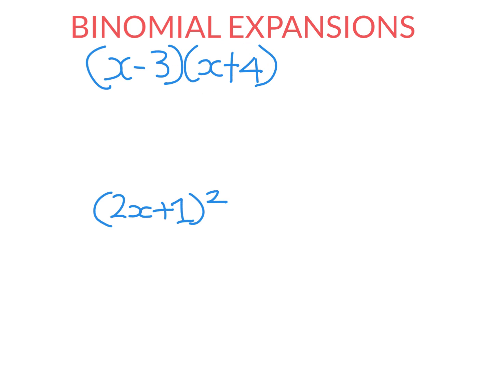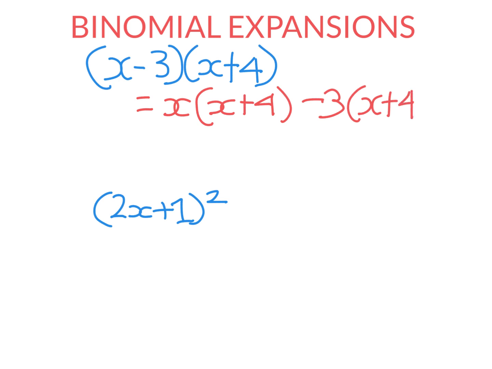So what I need to do is multiply the first thing, x, by everything in the second bracket, and then I need to multiply -3 by everything in the second bracket. Note here, this term is not 3, it's -3. So I need to multiply x by x, that will give me x squared, then x times 4 is 4x.